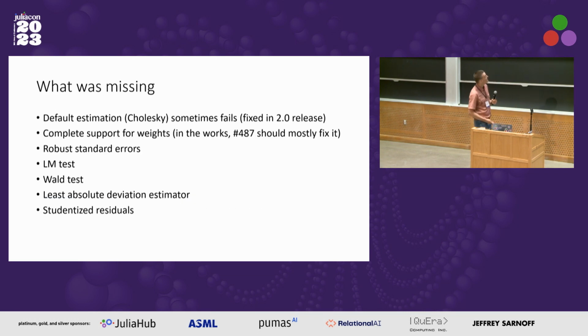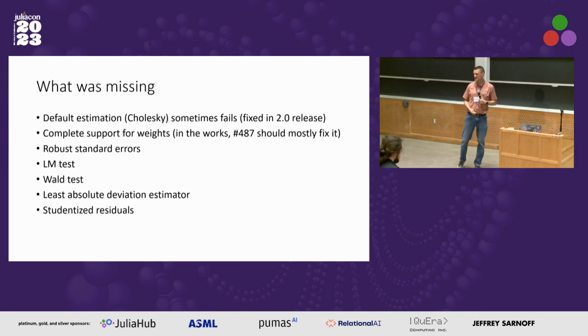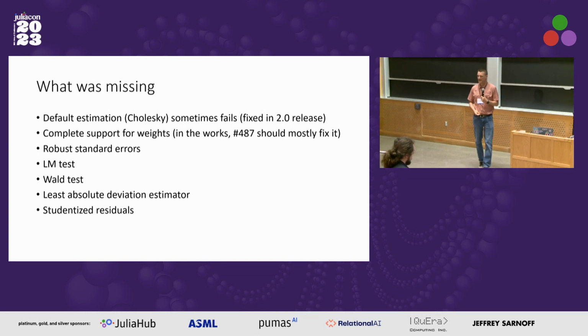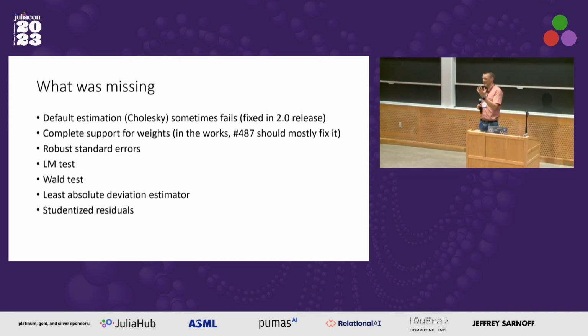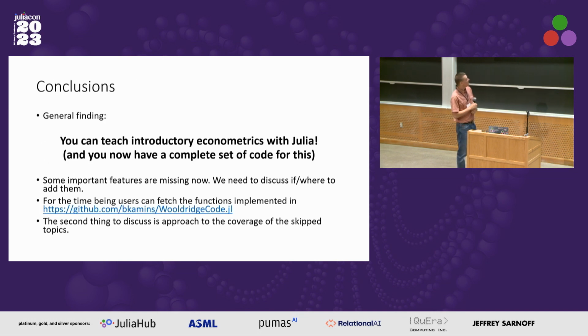For example, I think that robust standard errors or studentized residuals are something we should have in the package. Maybe the least absolute deviation estimator is not a core part of the GLM framework, so this could be skipped.